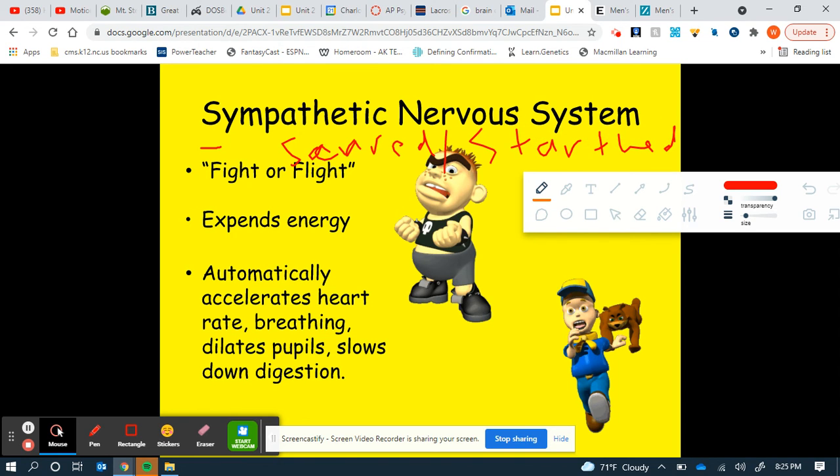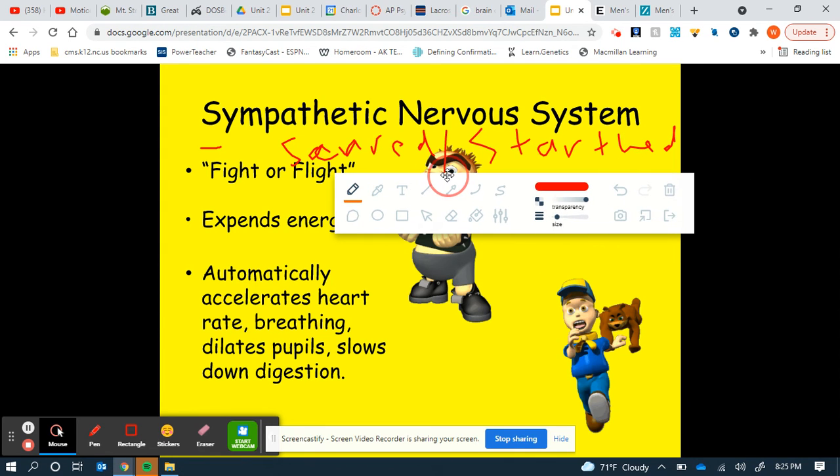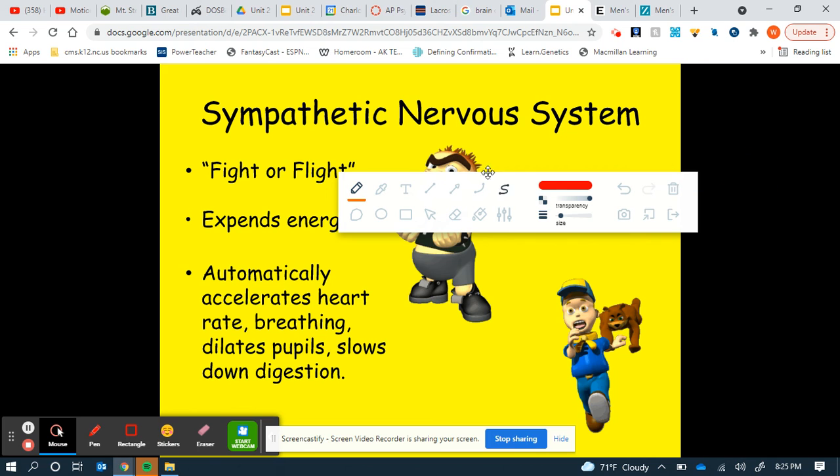All right, we're almost done. So sympathetic, scared or startled. It's basically just the most basic functions that we can have because we just want to be able to conserve as much energy as possible to make sure that we survive.